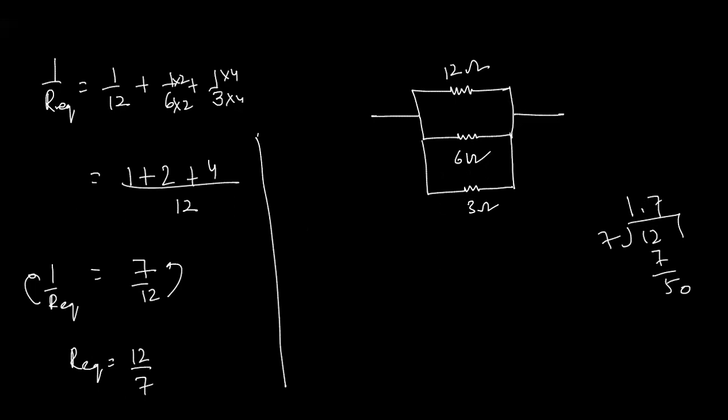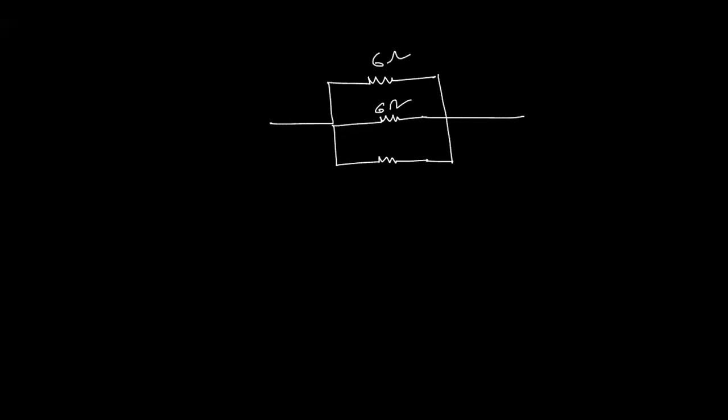दूसरा, अगर सारे रेजिस्टर्स सेम ओम के होते, suppose this is of 6 ohm, and the one is also 6 ohm, another one is also 6 ohm. They are all connected in parallel. So what you need to do here is that R equivalent in parallel is equals to R each upon n. कितने रेजिस्टर्स हैं? सब 6 ohm के, तो 6 divided by n.